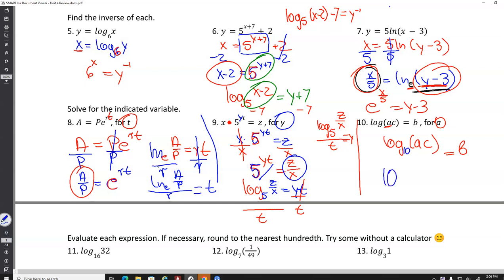So I can take this base 10, raise it to the b, and that will equal a times c. Now, since I'm solving for a, I got to get rid of the c, so all I'm going to do is divide both sides by c. They're going to cancel, and your final answer is simply going to be a equals 10 raised to the b over c.